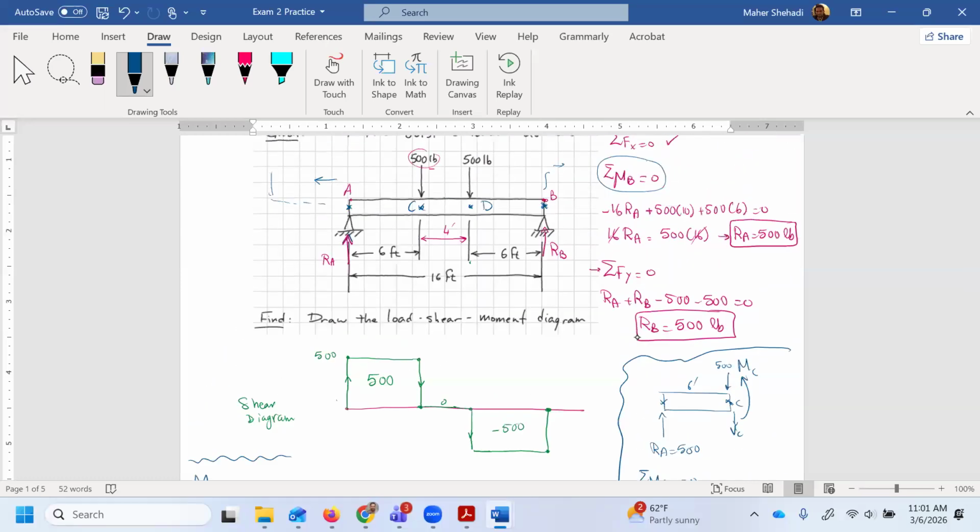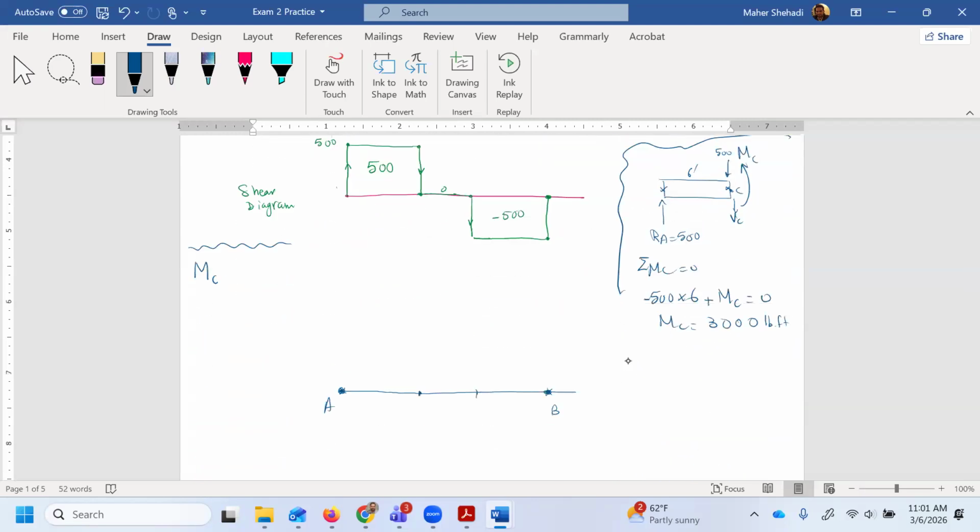We can do the same for D here. If you take the section, all you have is simply RB times 6, so 500 times 6. And then you have the moment here going in the negative, so it would also give you 3,000. This one is 500, that's the support.